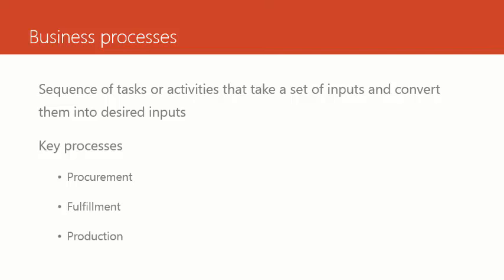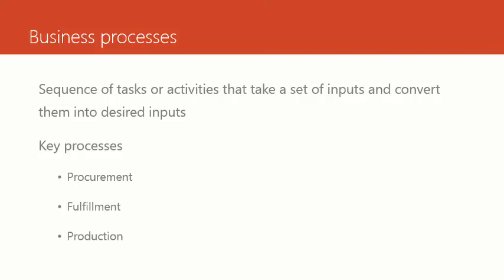So again, in every organization there are some core business processes like procurement. Procurement is for buying raw material or buying anything from other companies. It could be raw material, it could be semi-finished goods, it can be consulting, like getting consulting from another company.